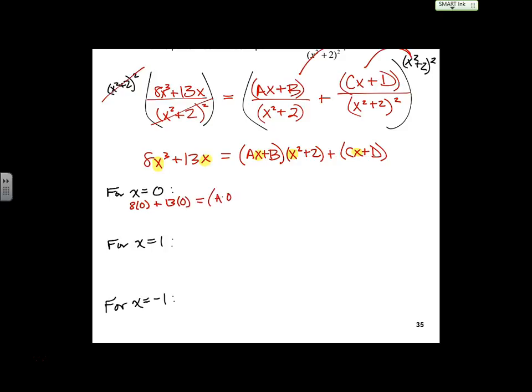We're going to have a times 0 plus b times 0 squared plus 2 plus c times 0 plus d. Now, a lot of us don't want to write all that work because the left-hand side just ends up being 0. The right-hand side just ends up being b times 2 plus d.